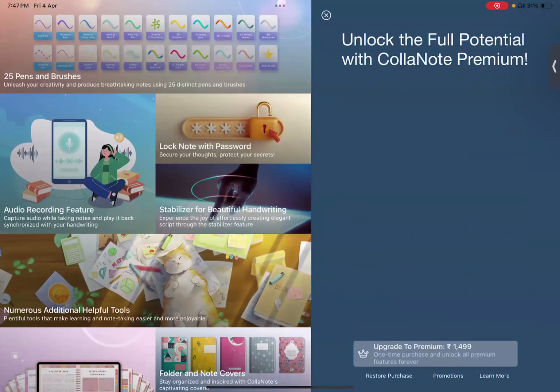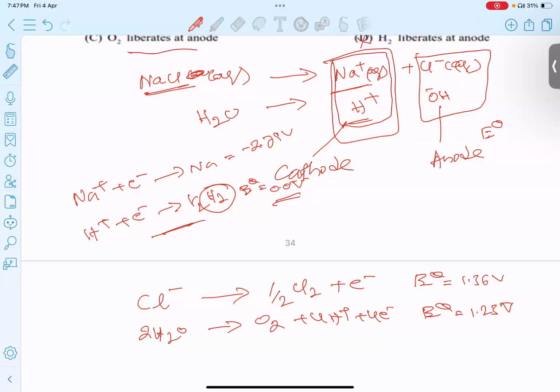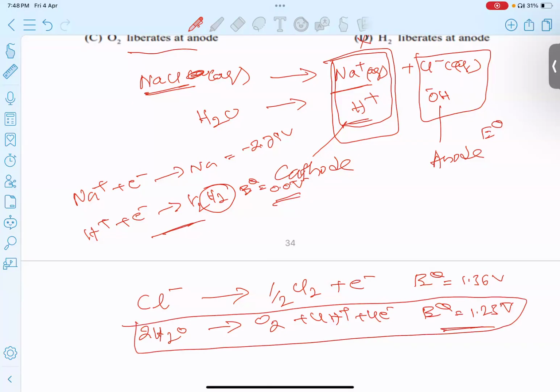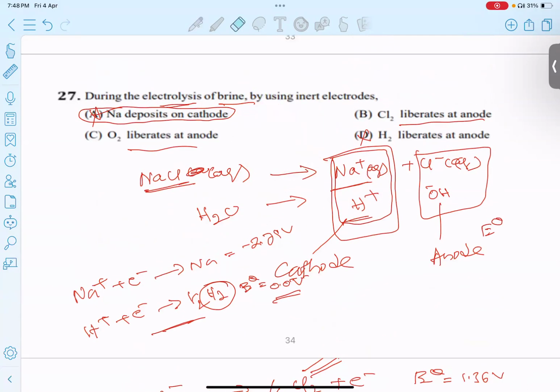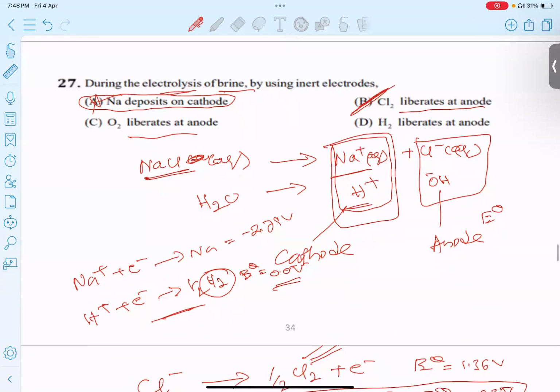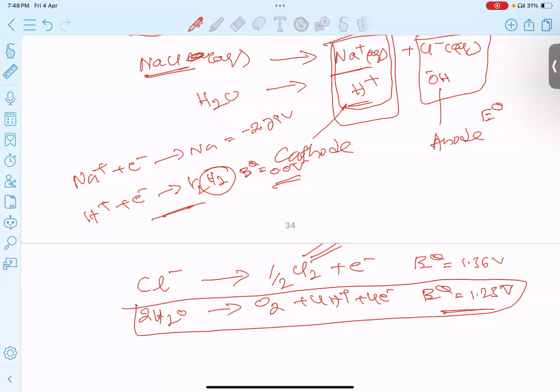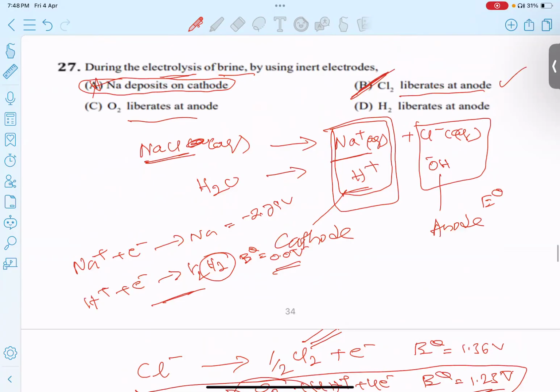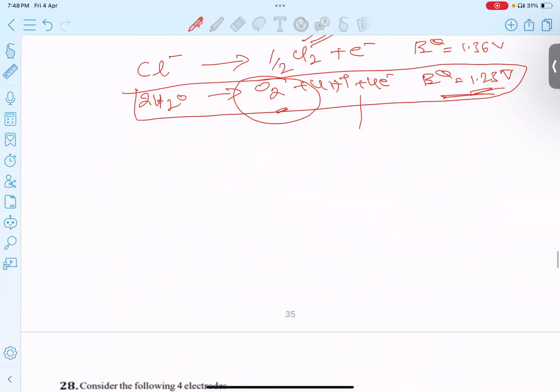At the anode, the reaction with lower value of E naught is preferred, but due to overpotential, chlorine gas is liberated at the anode. This is the main reason. So the actual answer is B. The actual lower electrode potential value is for oxygen, 1.23, but due to the overpotential of oxygen, chlorine is liberated at the anode. So option B is correct.